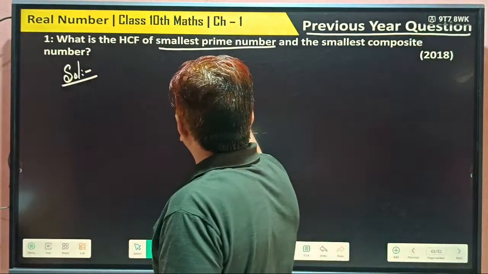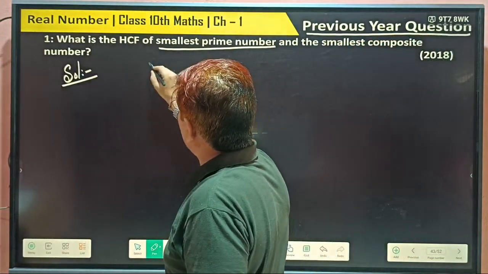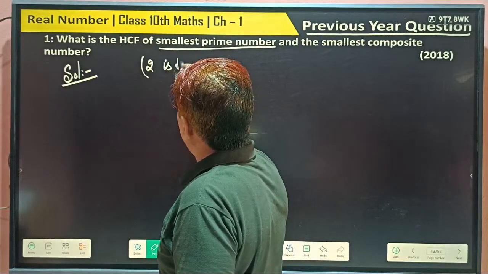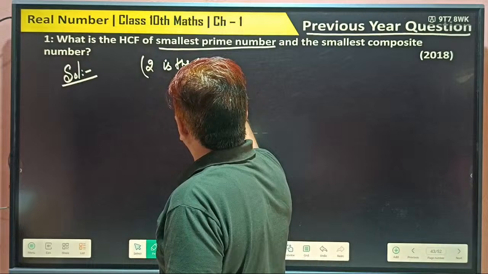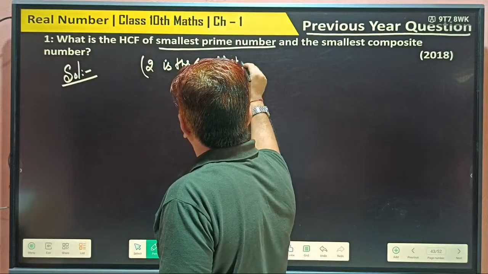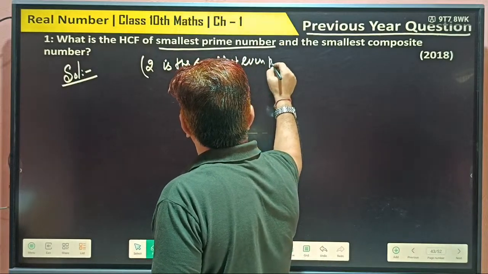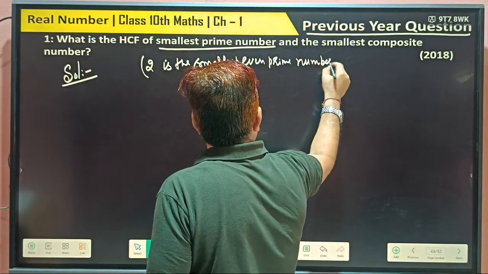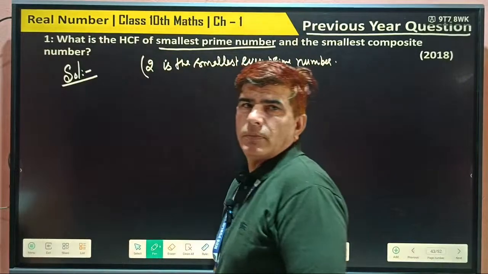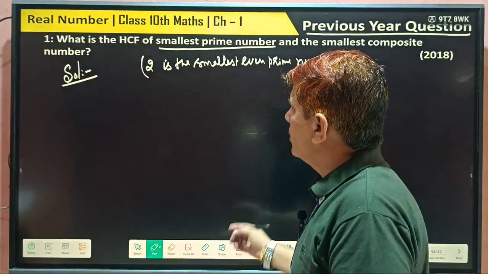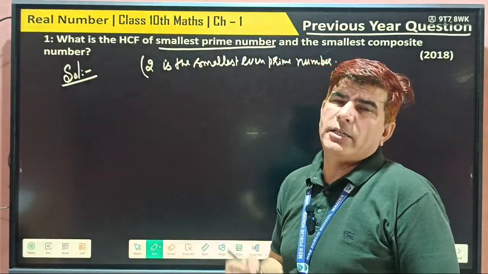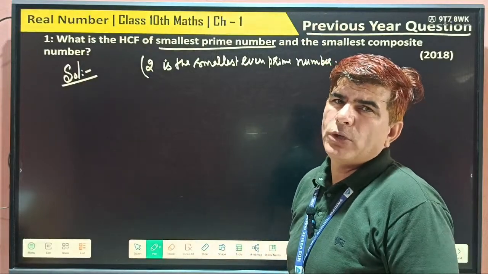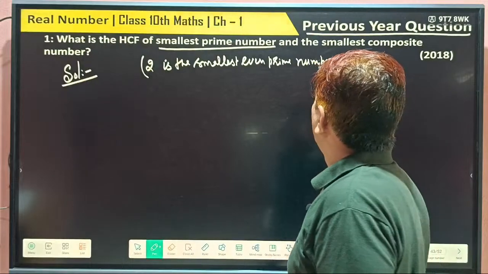So 2 is the smallest prime number, the smallest even prime number. Understood? 2 has how many factors? 2: 1 and itself. 3 is also a prime number, but 2 is less than 3.